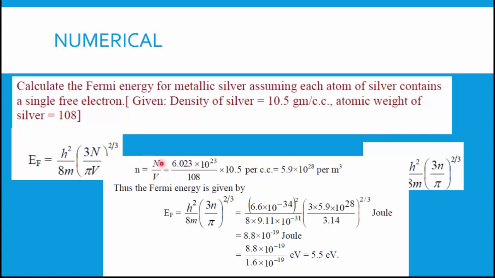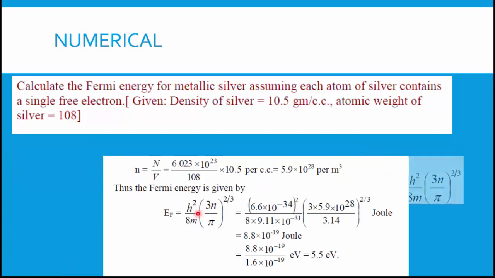I converted the number of silver atoms, that is 1 mole or Avogadro number, divided by the atomic mass, multiplied by the density, which gives the number density, that means the number of electrons per unit volume. I express this in SI unit, that is per meter cube. It was per centimeter cube, but for my calculation I expressed it as per meter cube.